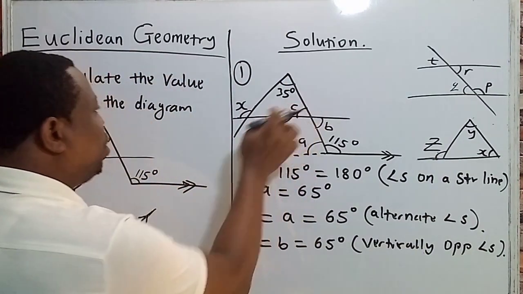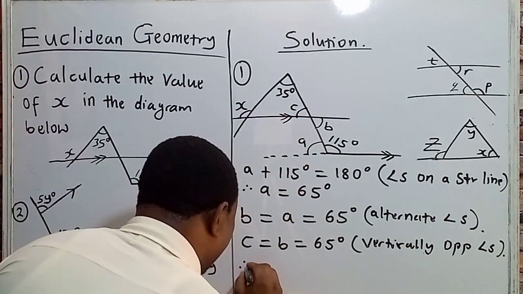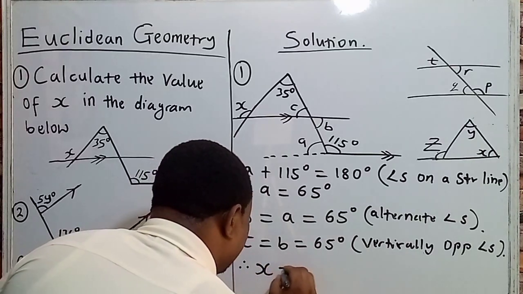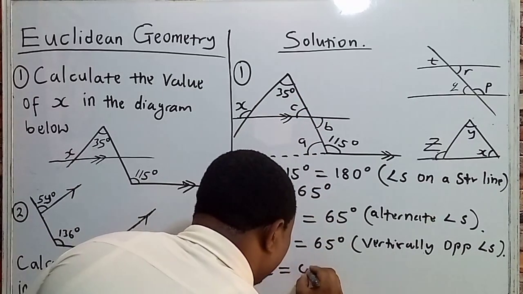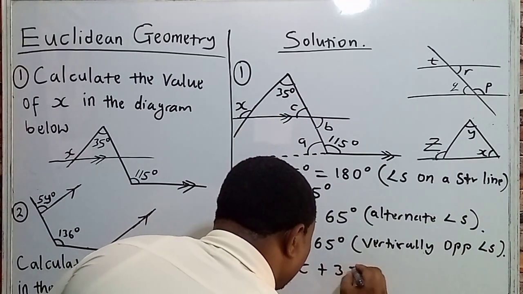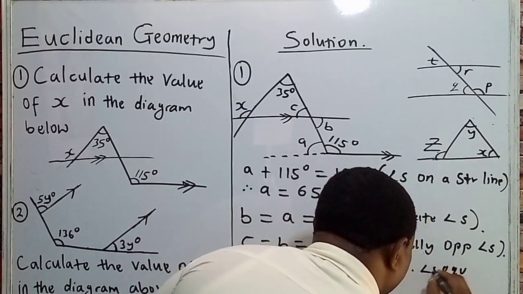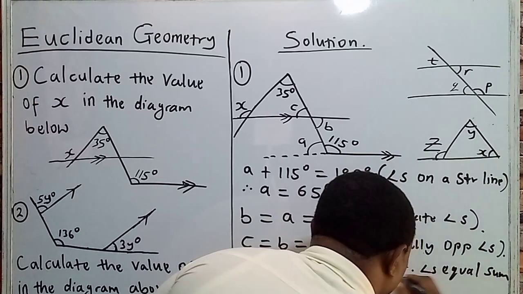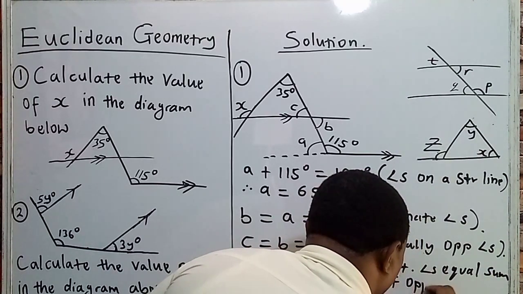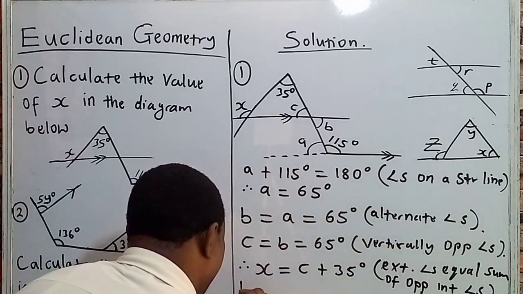So coming back to this shape now, my x is here. So I know that my x is equal to C plus 35. The reason is that exterior angles equal the sum of opposite interior angles.